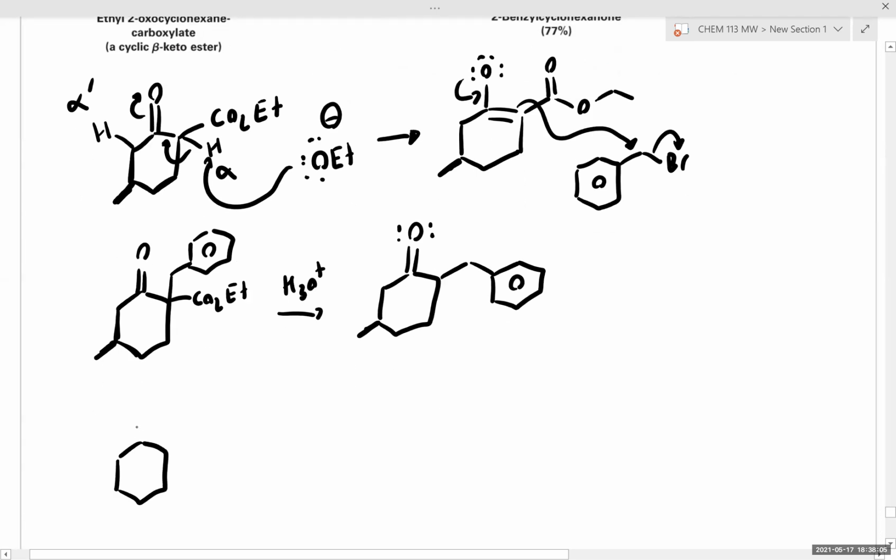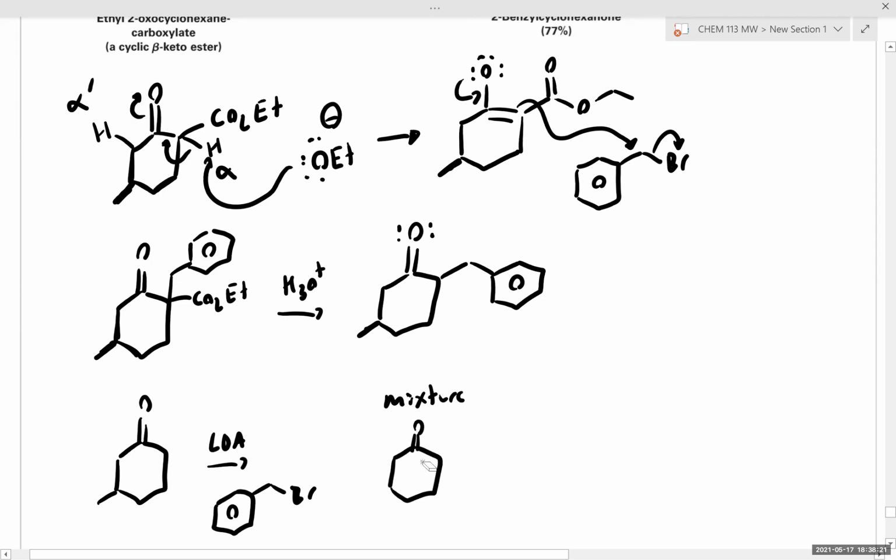If we just started from this ketone and we treated it with LDA and then we added in our benzyl bromide, we would expect to see a mixture. So, does everyone see this key distinction between going through a beta ketoester versus going directly from the corresponding ketone?